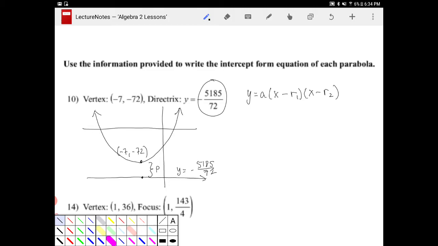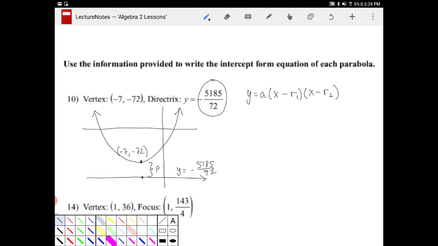I want to go through this a little quicker, okay? Because I can already tell whether or not the parabola is right side up, I can already tell whether P is going to be positive or negative, therefore influencing whether the value of A is positive or negative. Judging from this, P must be positive, right?